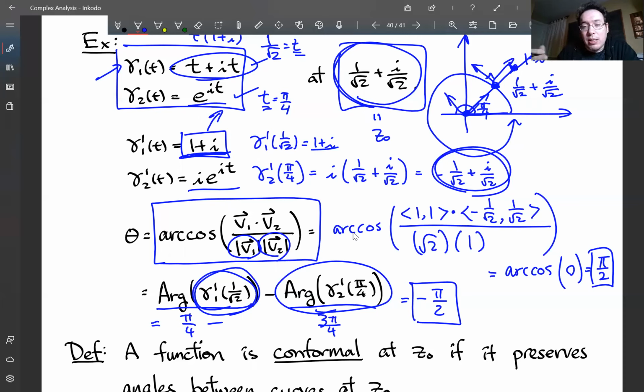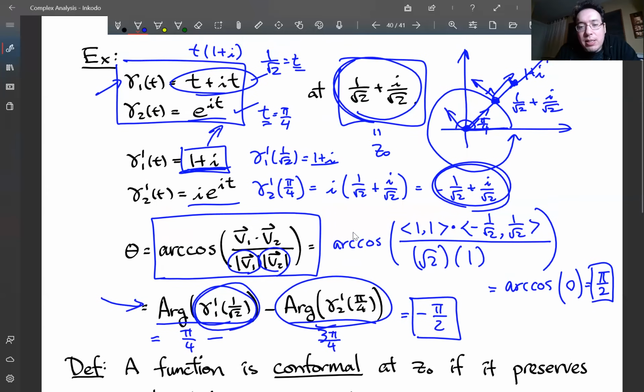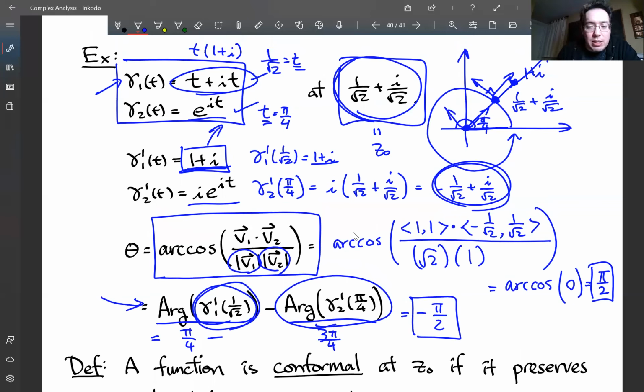So there's a couple different ways to compute it. I prefer you use this method: use the argument function and look at the angle of each tangent vector and then look at the difference between them. The reason being, in this setting, the positive or negative angle matters.